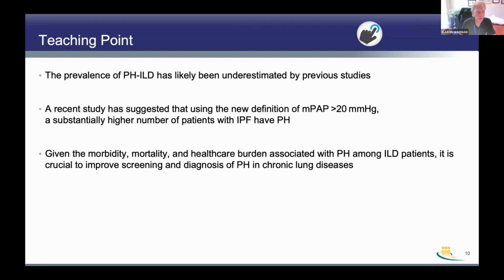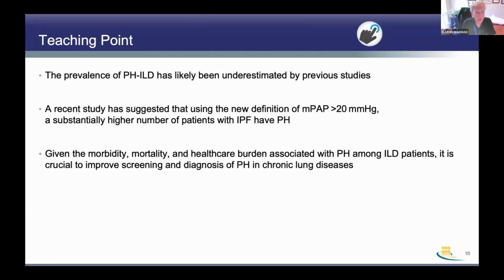So just to pause over what we've gone over, I think it's important to recognize the prevalence of PH-ILD has likely been underestimated by most of the studies that are out there. And I think that speaks to, one, how hard it is to find patients early in disease states with interstitial lung disease, as well as once they are diagnosed with ILD, recognizing that pulmonary hypertension may be complicating their progress.